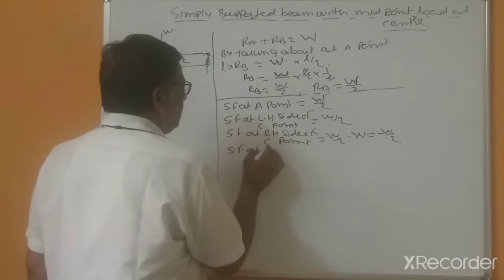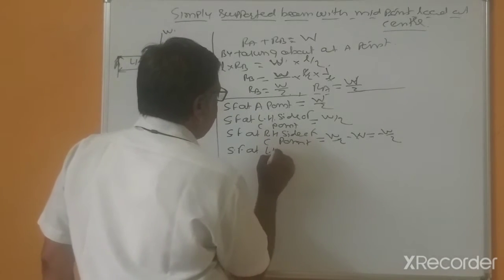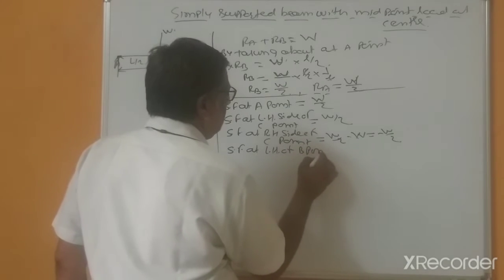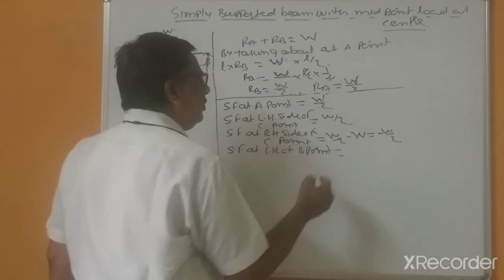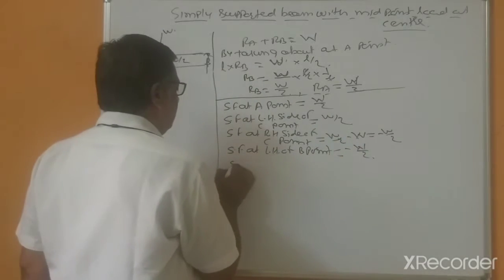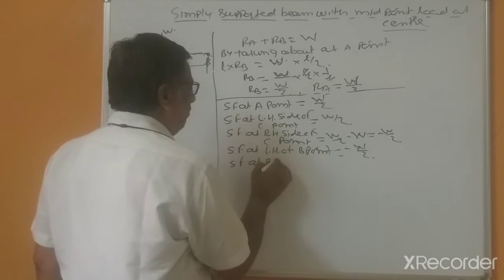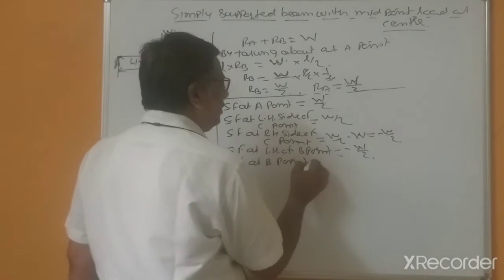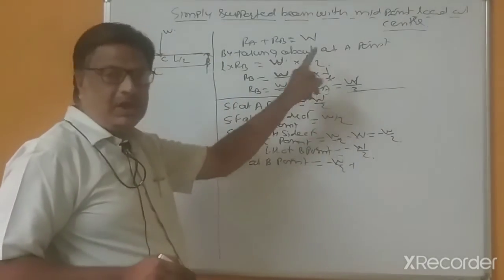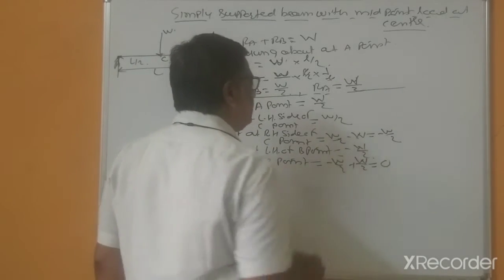Shear force at the left hand side of point B is the same, minus W by 2, and shear force at point B is minus W by 2 plus RB upwards W by 2, which is equal to 0.